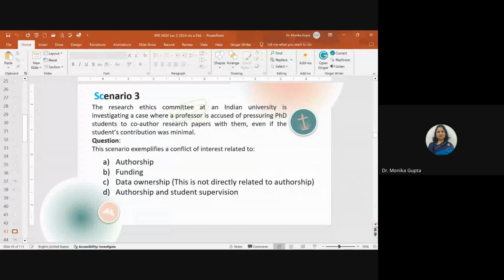It is D, the last one, authorship and student supervision. I agree.